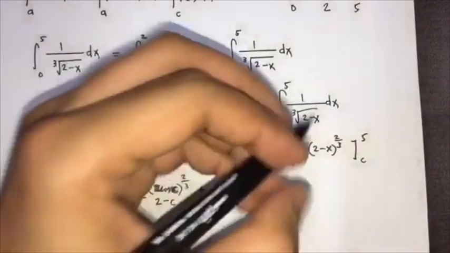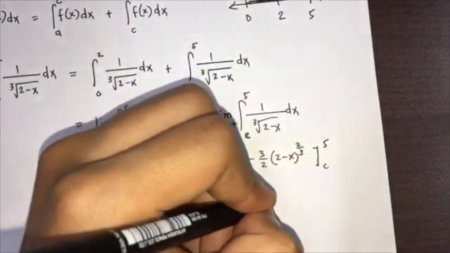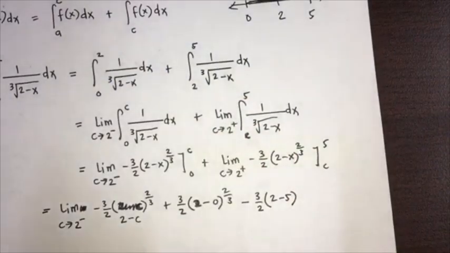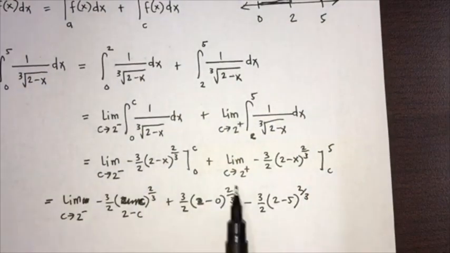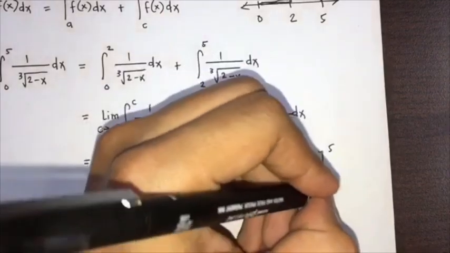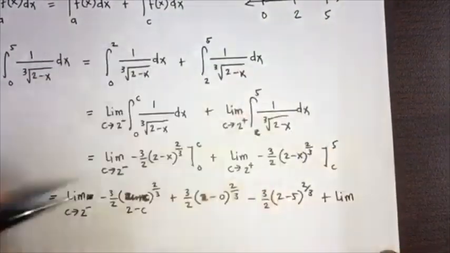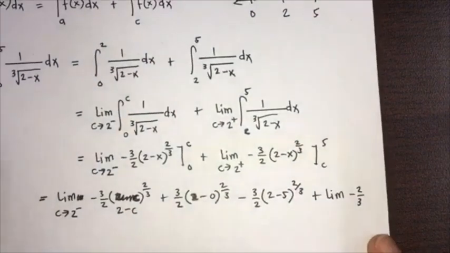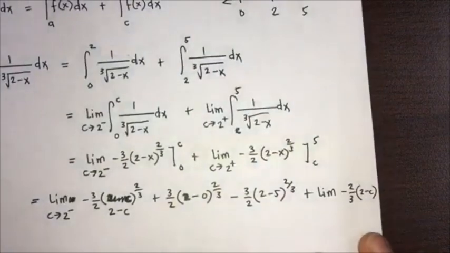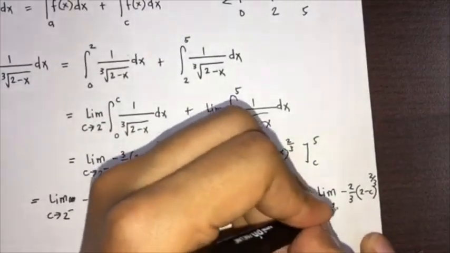For this other one, minus 3/2 times 2 minus 5 raised to 2/3, and then minus negative, so plus, and then write the limit of negative 3/2 times 2 minus c raised to 2/3 as c approaches 2 from the right.